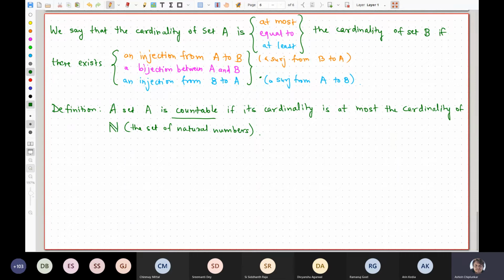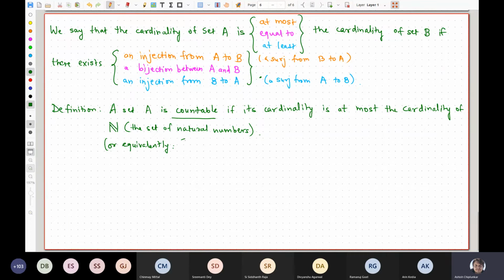Or equivalently, what are two other equivalent ways of saying the same thing, using injections and bijections or whatever? Basically, the cardinality of set A is at most the cardinality of the set of natural numbers. So what are the two equivalent conditions?